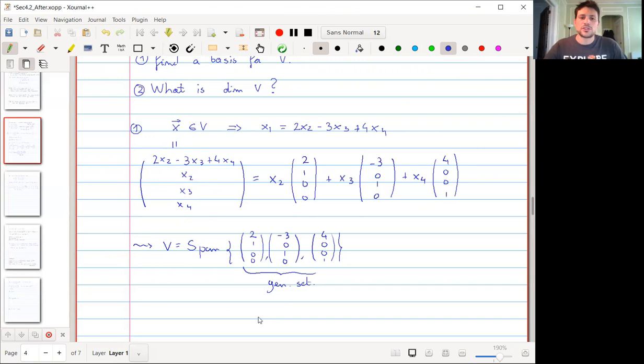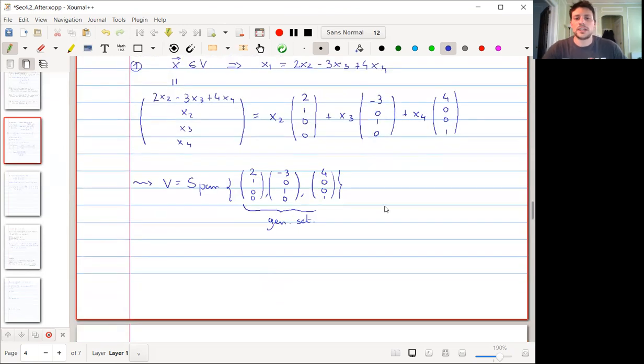But now the next question is, are they also linearly independent? And we have done most of the work needed for the answer.